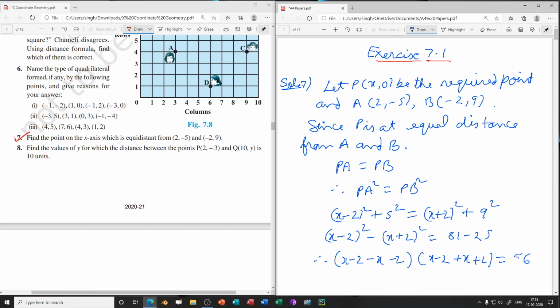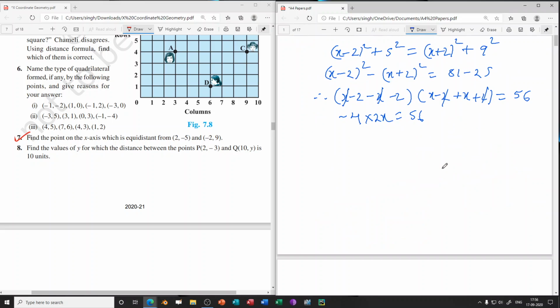So this becomes 56. And here the x and minus x will be cancelled out because they are of opposite sign, and minus 2 and plus 2 will be cancelled out. Minus 2 minus 2 becomes minus 4, and x plus x is 2x, so minus 4 into 2x equals 56.